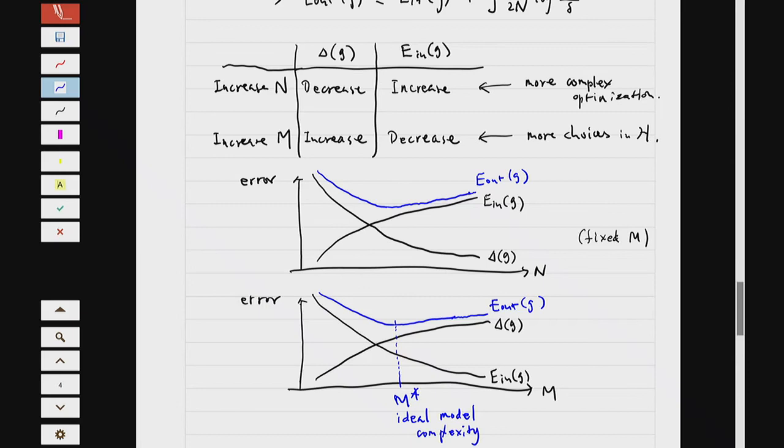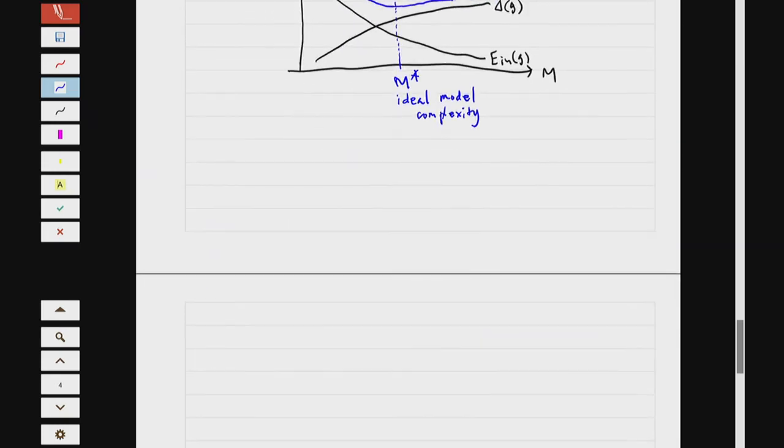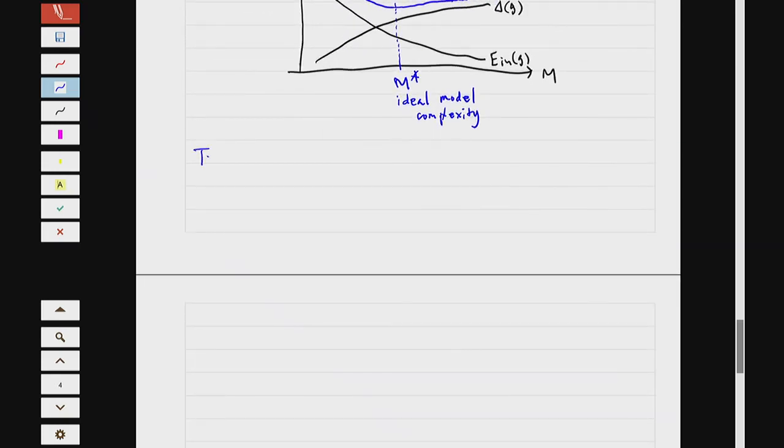So this still applies even for M infinity. The only problem is that when M is infinity, our bound up there is a bit meaningless. So that's the trouble. Oops, new trouble.